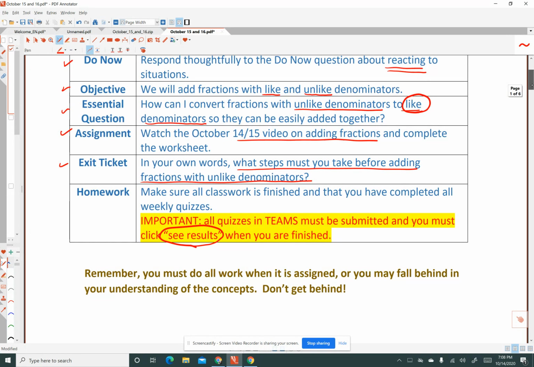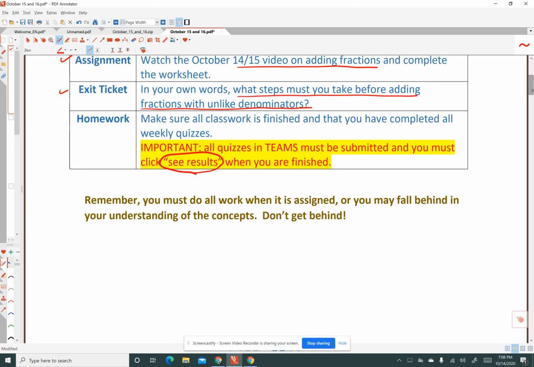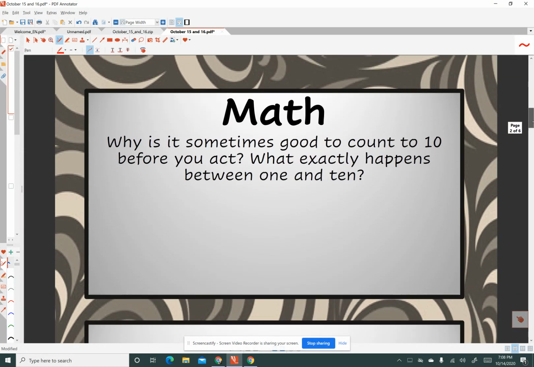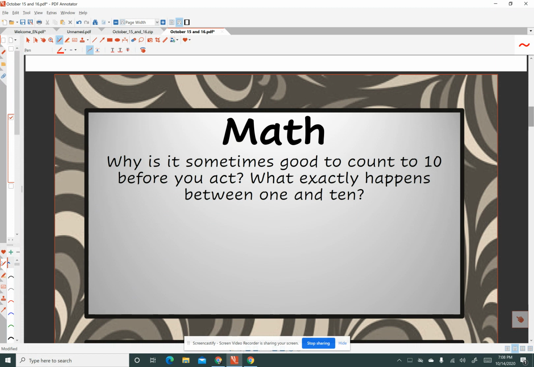So let's start with our do now for today. A little bit about reacting today. Why is it sometimes good to count to 10 before you act? What exactly happens between 1 and 10? So a little bit about our emotions and math kind of mixed in there. It takes a few seconds to count to 10.